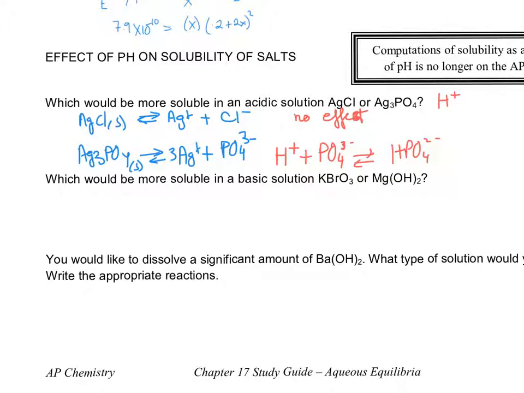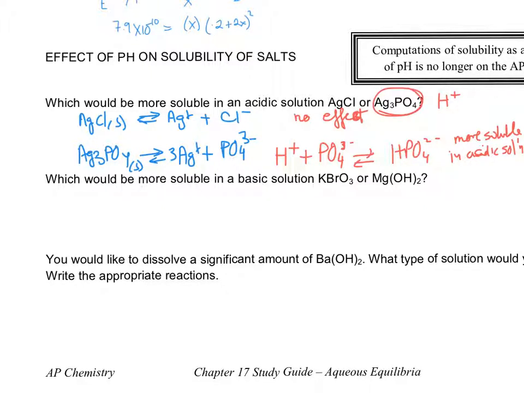Well, if the H plus is going to react with a PO4 3 minus, that means it's going to use up the PO4 3 minuses to form this. So I'm removing some of the PO4 3 minuses. What would that do? That would shift the equilibrium to the right to make it more soluble. So this would be more soluble in acidic solution than in a neutral solution.